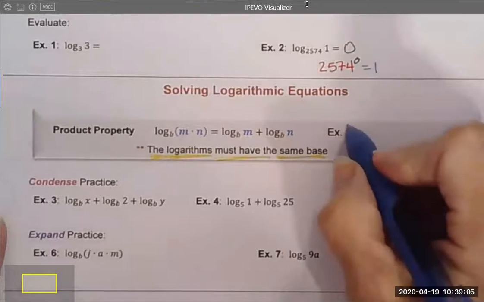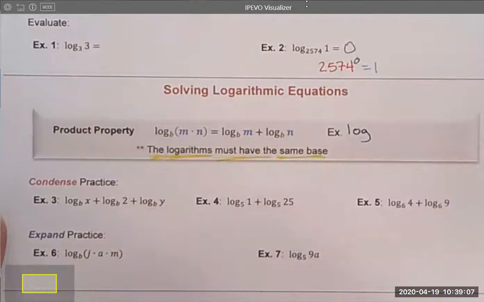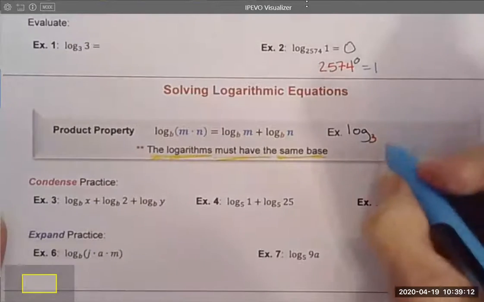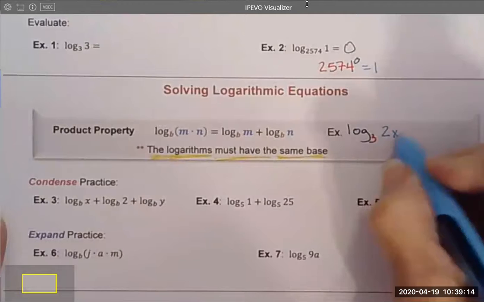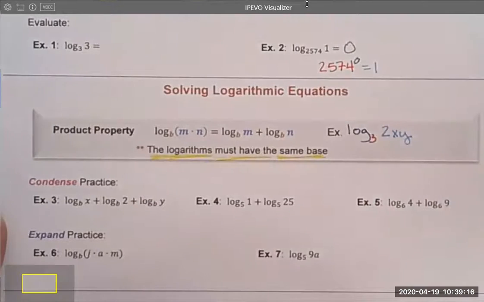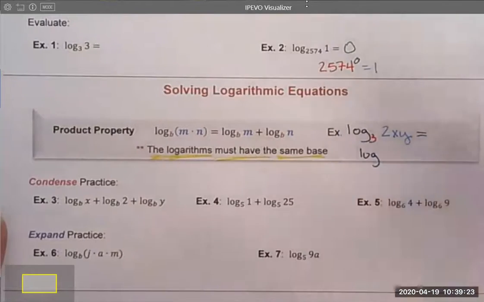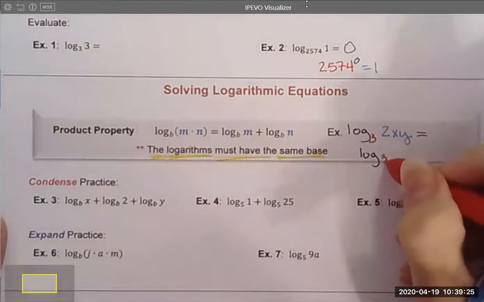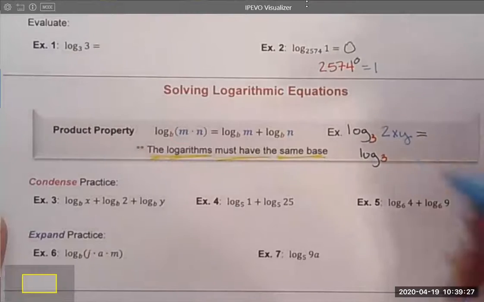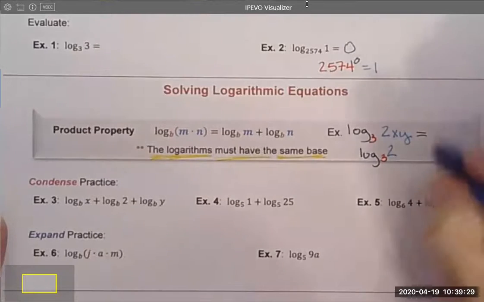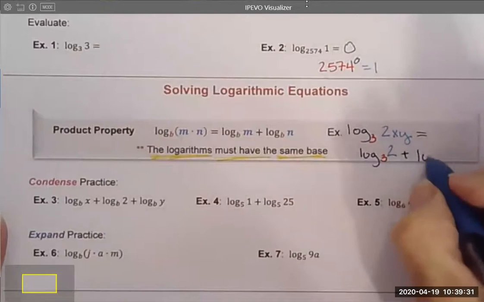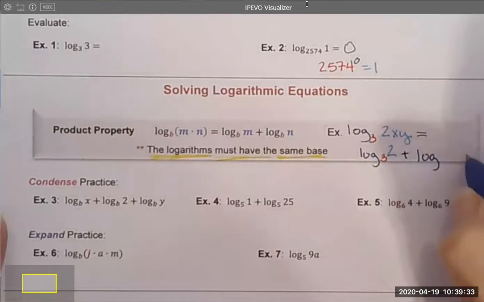I'm going to write an example that looks like log base 3 of, let's try, 2xy. All right, so if I write this as separate logs, what this property says is that I can write log base 3 of 2, plus log base 3, and I'm going to eventually need another one because there's 3 terms.